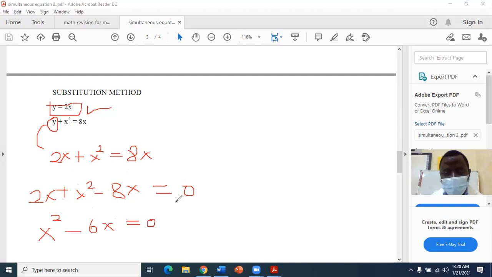Are you following? Now, let me take this up here. My x squared minus 6x is equal to 0. What I can do is to factorize. I can bring out x in that equation. I will have open bracket x, because when I multiply x by x, I'll get x squared, minus 6, is equal to 0.